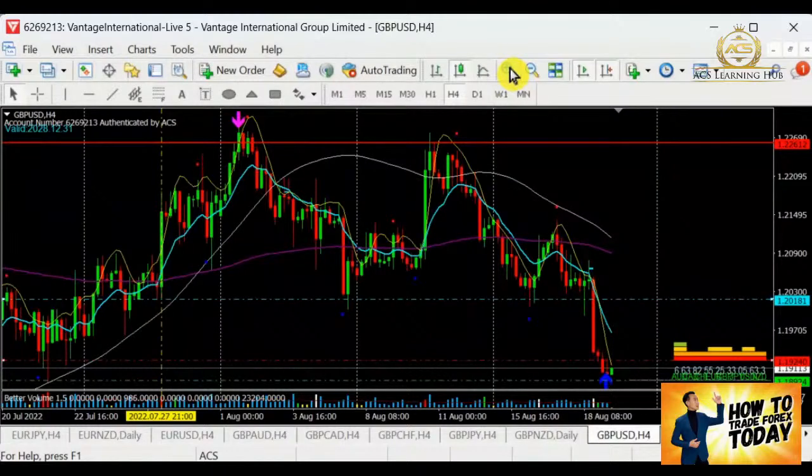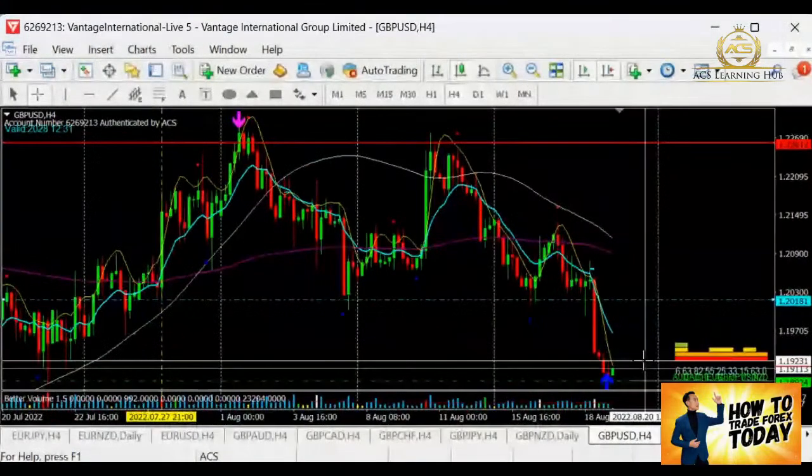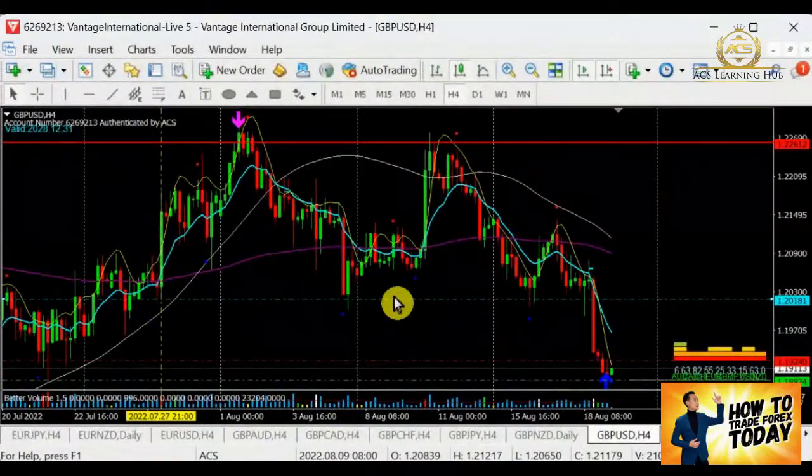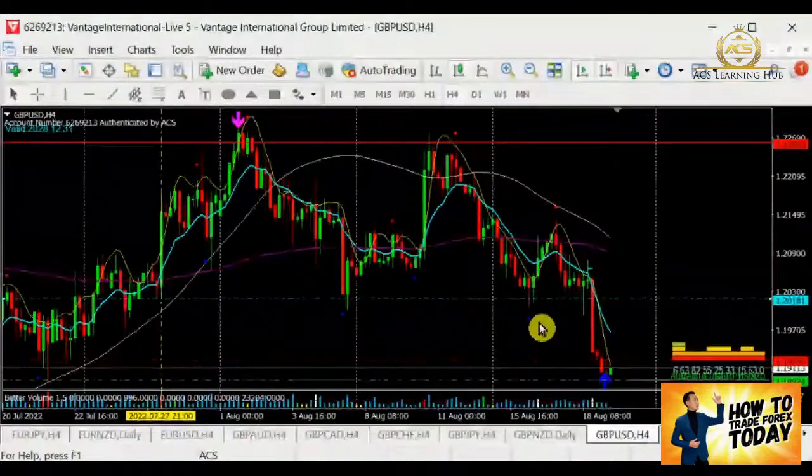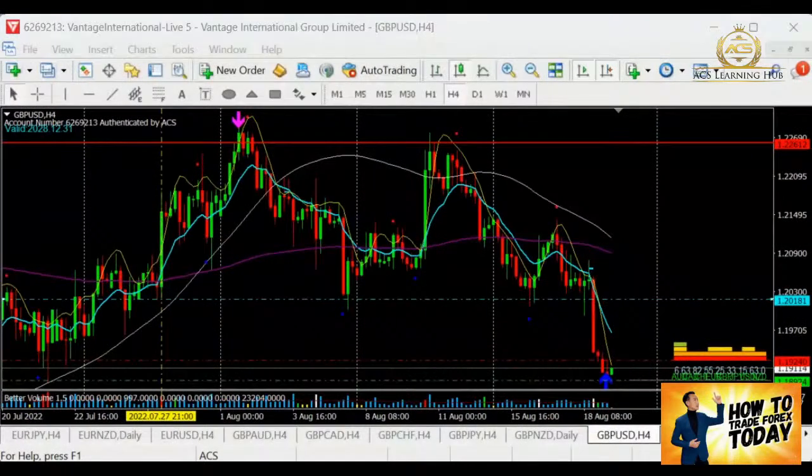Probably today it may still swing up for a while before it starts to sell. This one should have about 13 pips before it starts selling. Or probably today it may retrace upwards to take out all the losses, so that we can make some profit, and after that they will come for selling. So that's for pound dollar.